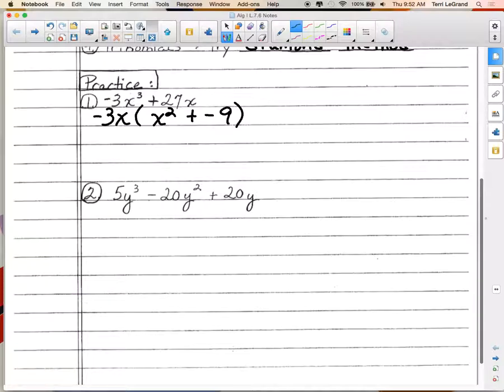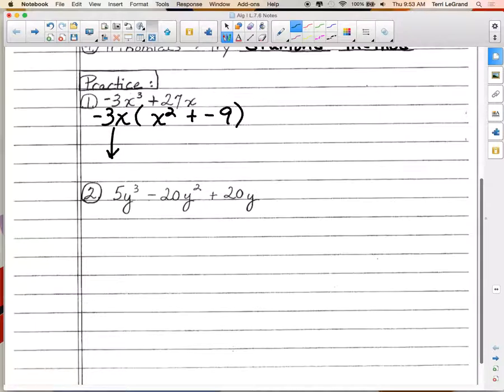Now, if we would have factored out a positive 3x, then we would have had a negative x squared plus a positive 9. But then, in reality, because one of them is negative and the other one's positive, we would have had them trade places. We would have said, we really have 9 minus x squared, so that we would understand that we really could still keep factoring. This is just going to come down. We're not going to forget about it.